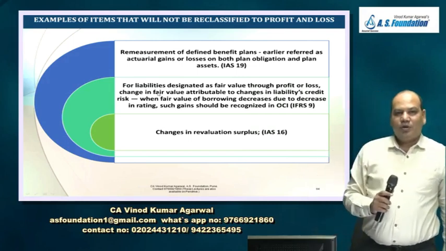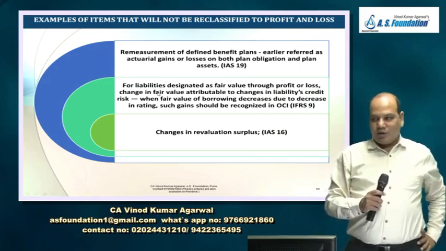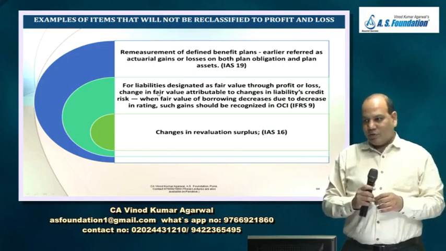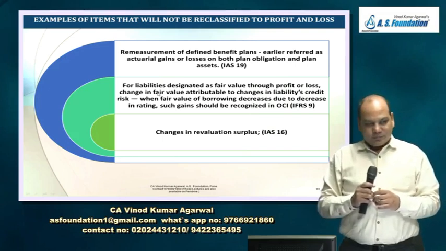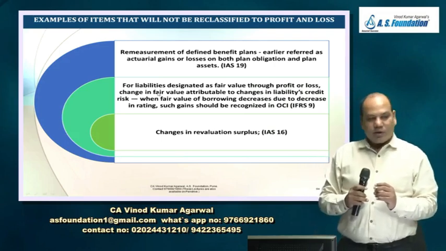This can be a question in the exam: the following item will not be subsequently reclassified to profit and loss. They will give you four options, one of them will be wrong, and you have to choose the wrong one. So you have to know this. Some examples are printed.